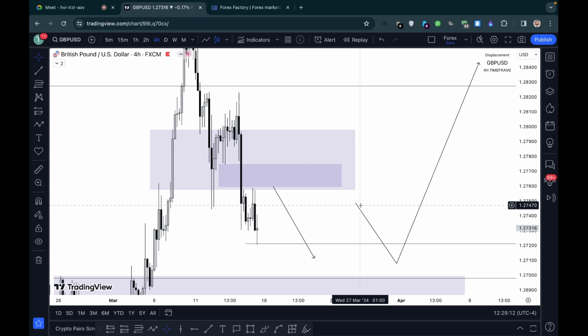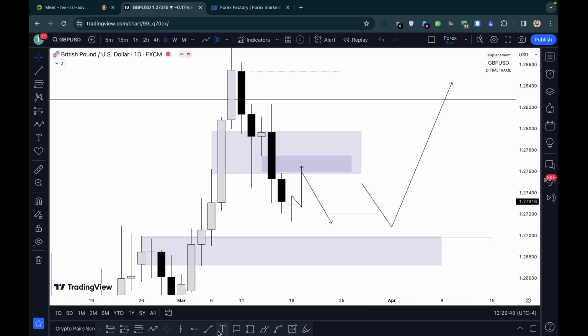The only time I will be bullish again is when I see price close above this. There are multiple possible scenarios, but the one thing I will keep in mind is that I have two fair value gaps. Whichever price touches first, I'll target the other one.